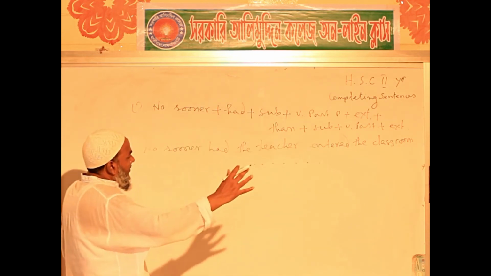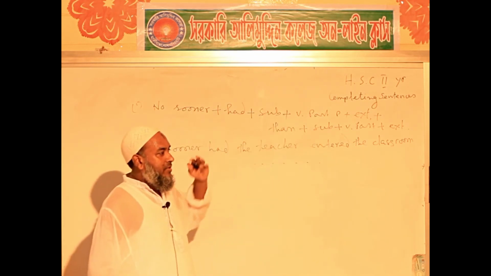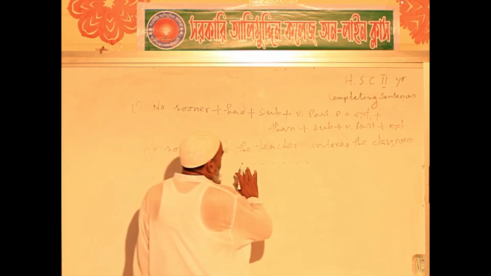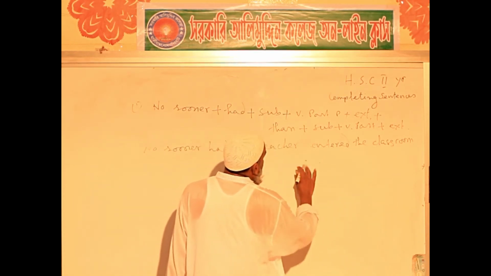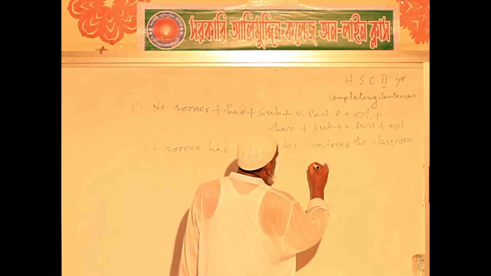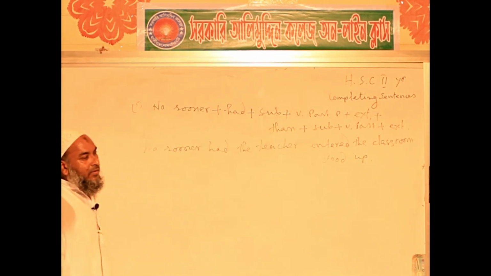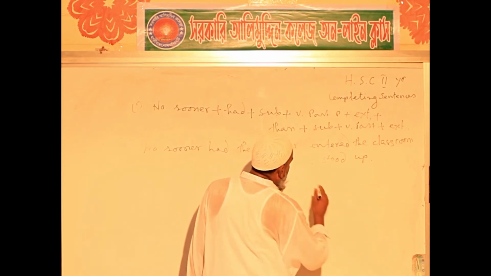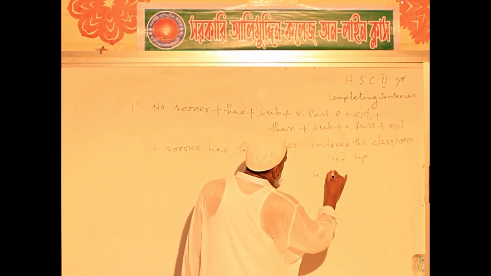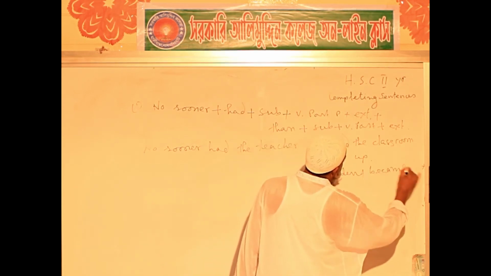And now we can see in how many ways this sentence may be completed. Suppose Mr. Rashid has written, no sooner had the teacher entered the classroom, I stood up. It's okay. But Sabrina has written, no sooner had the teacher entered the classroom, the students became silent.